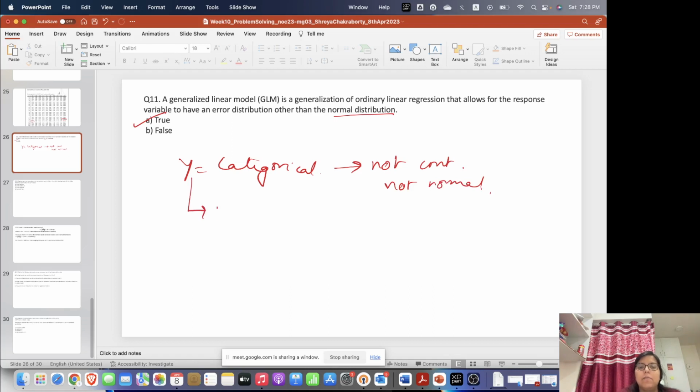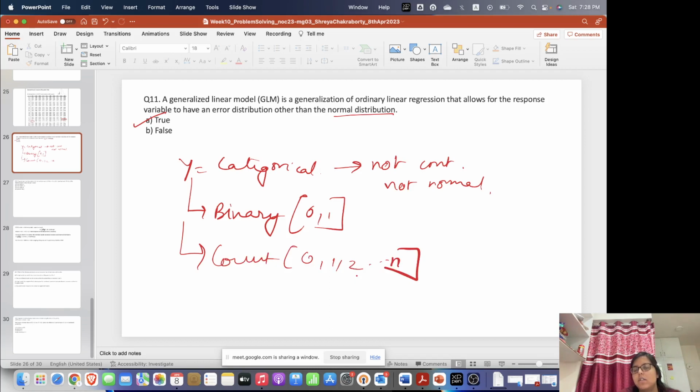It could be binary, a 0 1 case, or count variables, 0 1 2 n, all discrete. So those discrete models will not have a normal error distribution. So the statement that the GLM allows for response to have an error other than normal is actually true.